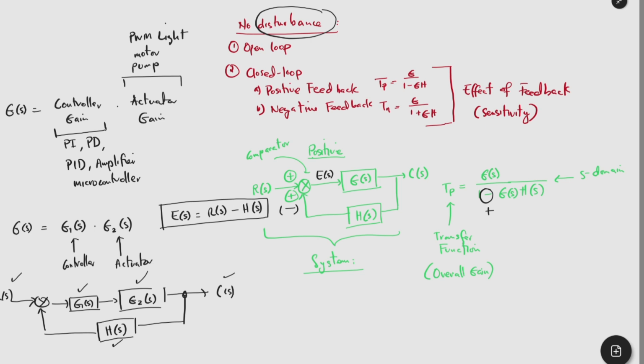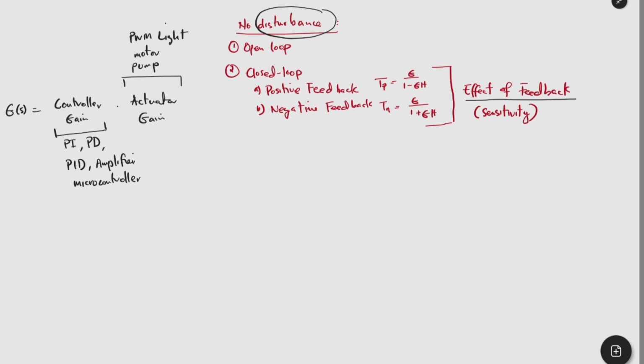Firstly, we will look at the effect of the feedback system and why it matters. In most control systems, the error signal, as we discussed earlier, must be equal to the desired or reference input minus the feedback, which is H of S. This is an important equation that we will discuss.